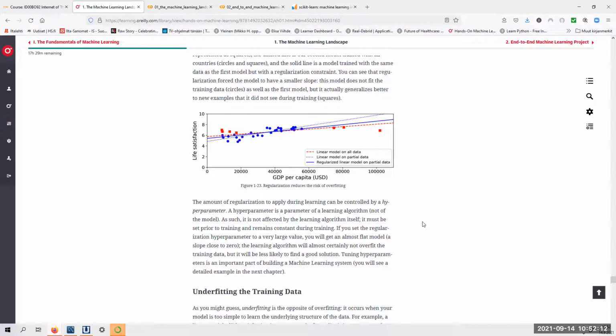As such, they are not affected by the learning algorithm itself, but they must be set prior to training, and they must remain constant during the training. So in this case, you may have some upper and lower limit for the constant value and upper and lower limit for the slope, which tells the algorithm that you can't go beyond these limits.